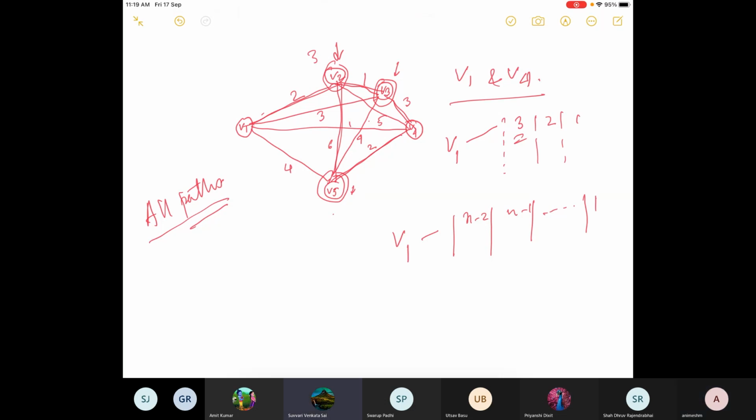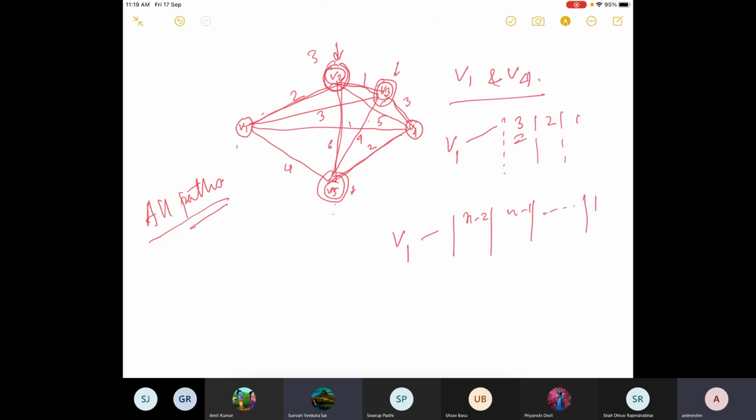For a path with 3 edges, it will have V1, V2, V3, V4, or it can have V1, V2, V5, V4. So we say you have anchored on V2, then you have 2 choices.